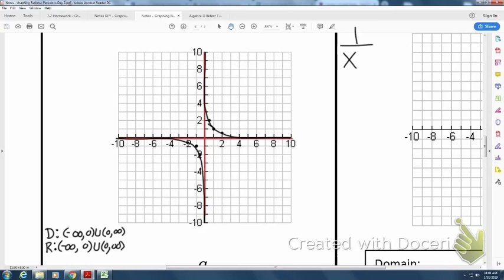So your domain and your vertical asymptote, you want to think of them as paired up. Your horizontal asymptote and your range, which we'll talk about more next class, those two are always going to go together.